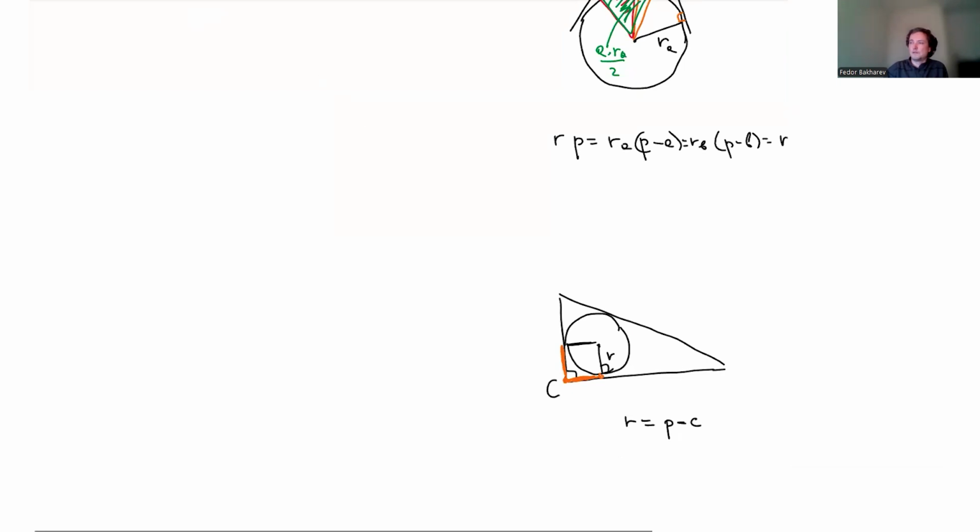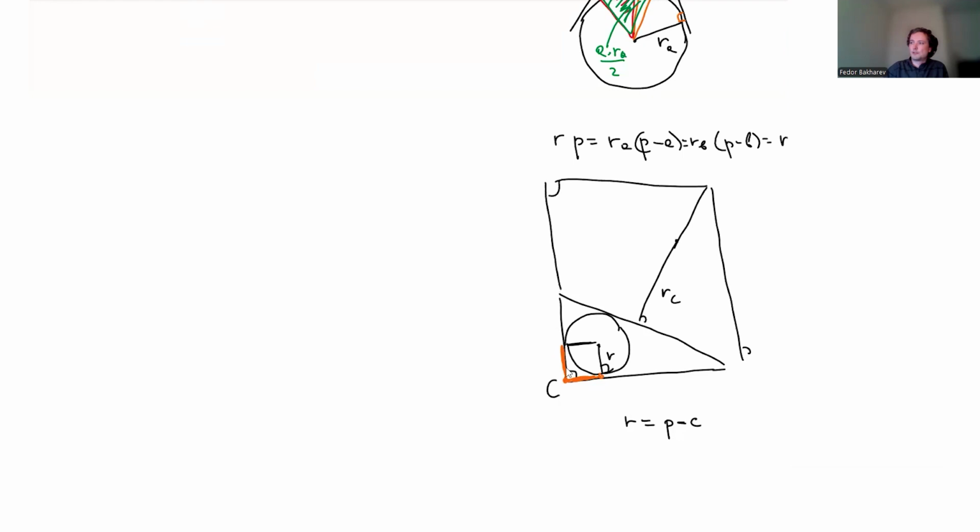At the same time, if I consider r_c, I will also get a square here with sides r_c, and I will get that the semi-perimeter of the triangle is r_c. And the same will be for the two others. So r_a will be equal to p minus b, and r_b will be equal to p minus a.